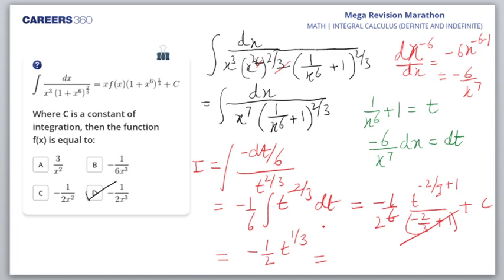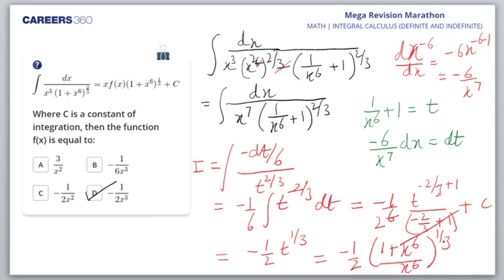And this finally, when I write the answer, t I'll substitute as 1 by x raised to power 6, 1. So this would be minus 1 by 2, t I'll substitute it back, 1 plus x raised to power 6 upon x raised to power 6. I took the LCM, raised to power 1 by 3.